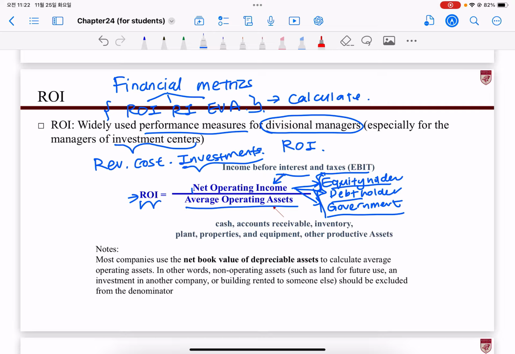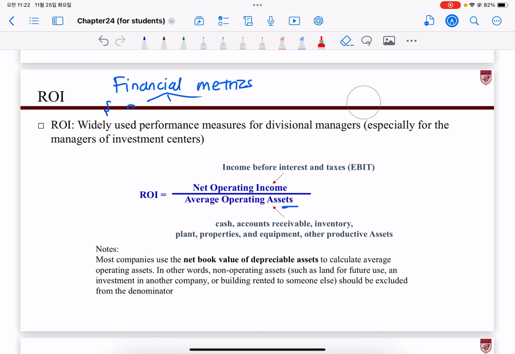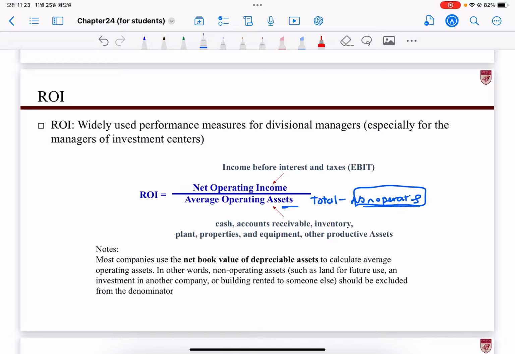In order to evaluate the operating income, the best way is to have a one-on-one match on the asset side. Meaning, instead of using total assets, it's better off to use average operating assets. Why? Well, if you include total assets or non-operating assets, those include some assets that you are not operating yourself.